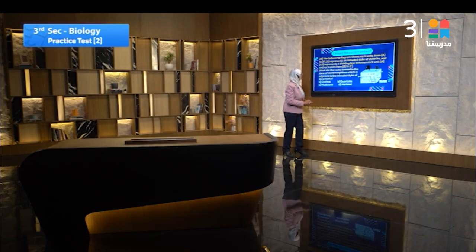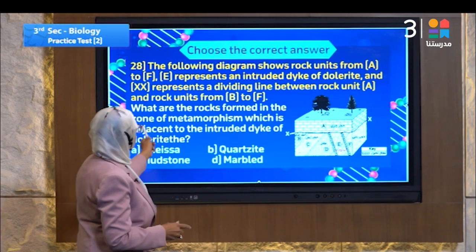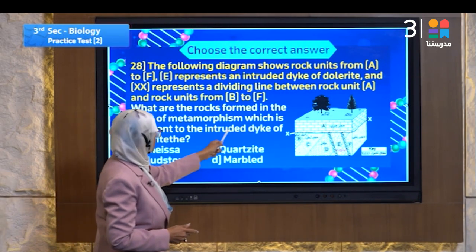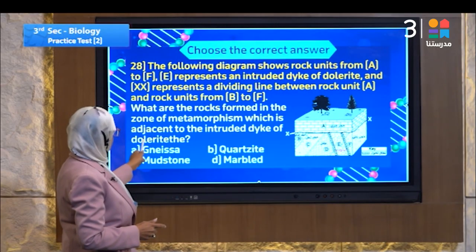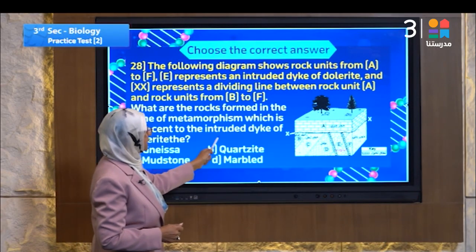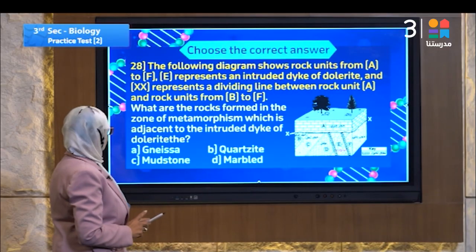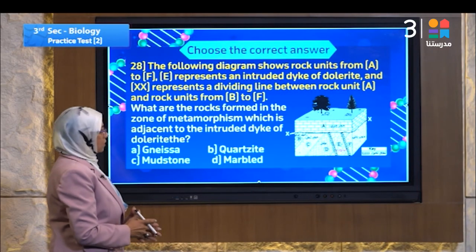So, what is the question here? What are the rocks formed in the zone of metamorphism, which is adjacent to the intruded dike of diorite? Let's go.